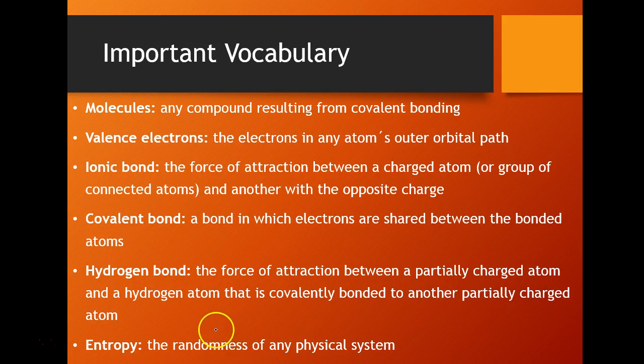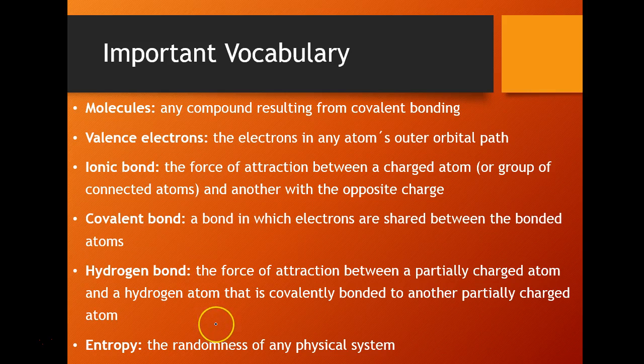Here's some important vocabulary that you'll need to know. First, molecules, which is any compound resulting from covalent bonding, that is, shared electrons. Valence electrons, the electrons in any atom's outer orbital path. An ionic bond, which is the force of attraction between a charged atom or group of connected atoms and another with the opposite charge. Remember, positive and negative opposite charges attract.